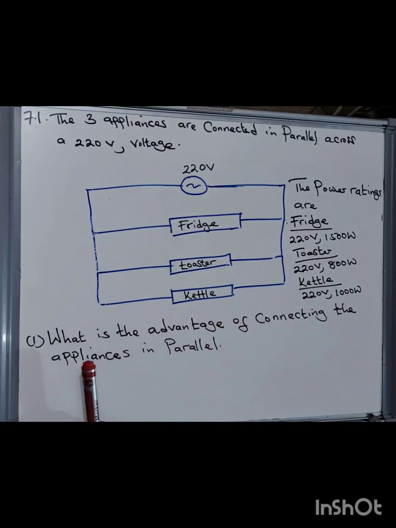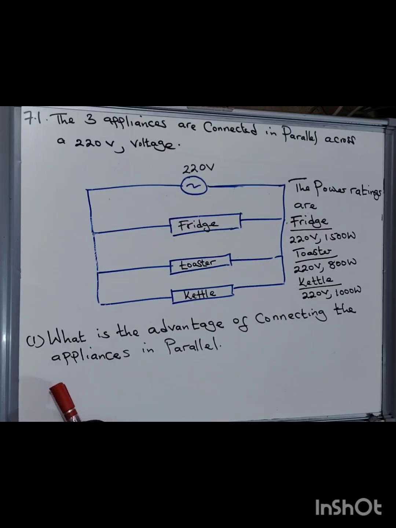So we come here. What is the advantage of connecting the appliances in parallel? We need to know that most of the appliances we have in the house, if not all, are connected in parallel to the potential difference. Why?